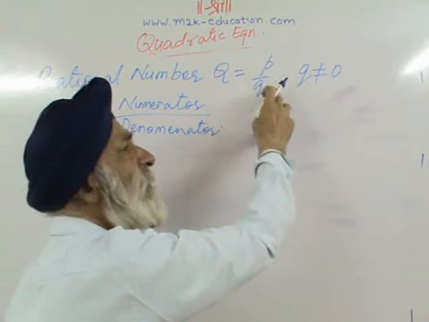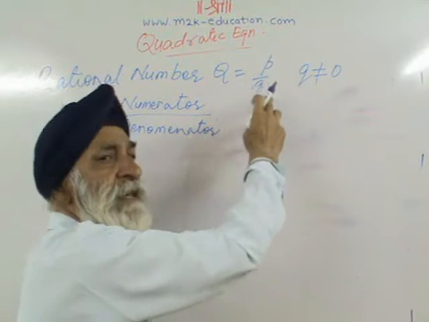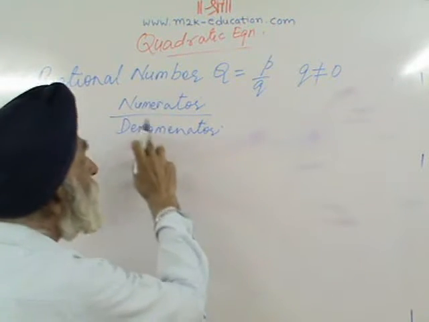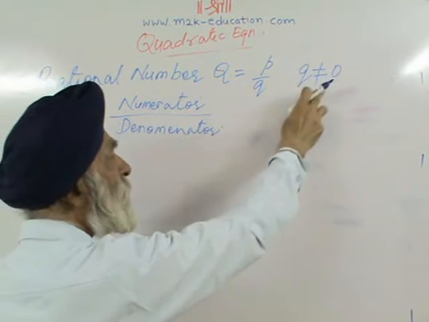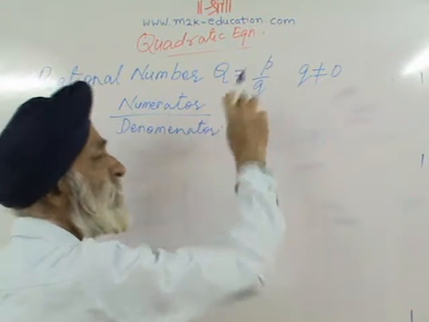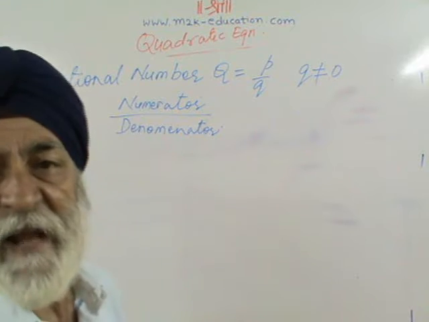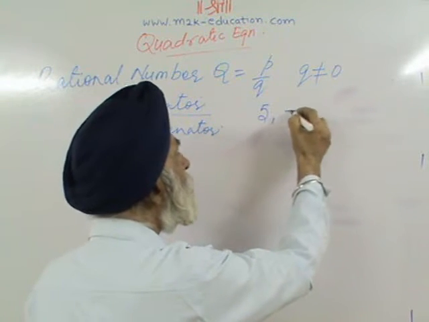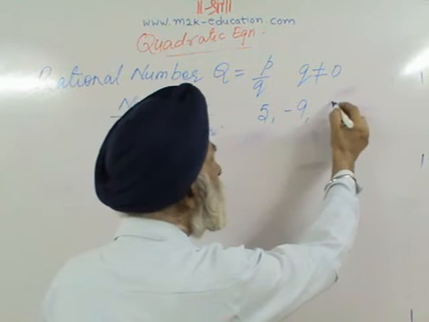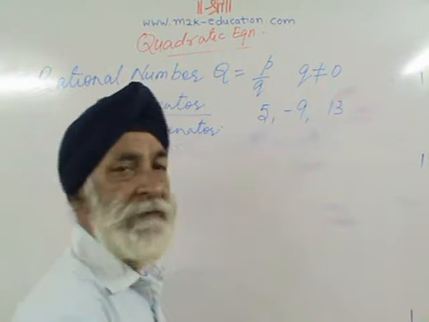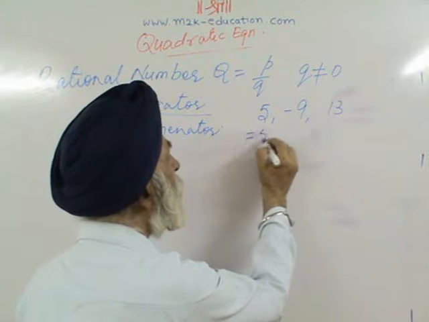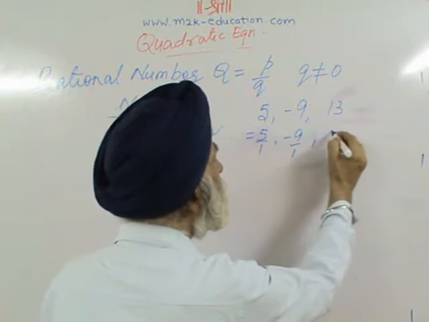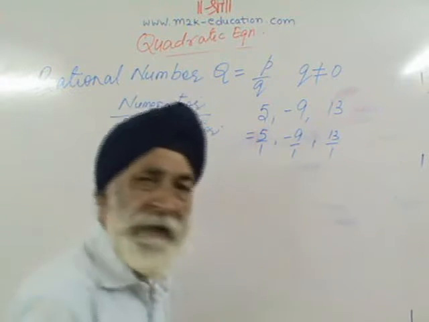In a division you have a quotient and a divisor. Now the denominator is not equal to 0 and all numbers can be said to be rational numbers, like 5, minus 9, 13. They can also be written as 5 upon 1, minus 9 upon 1, 13 upon 1.